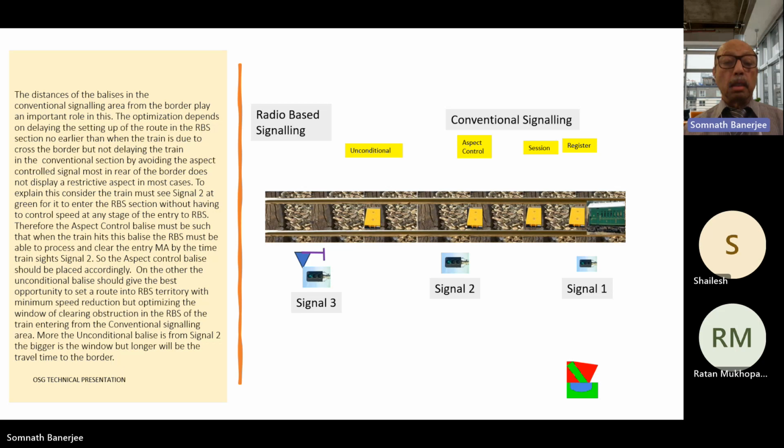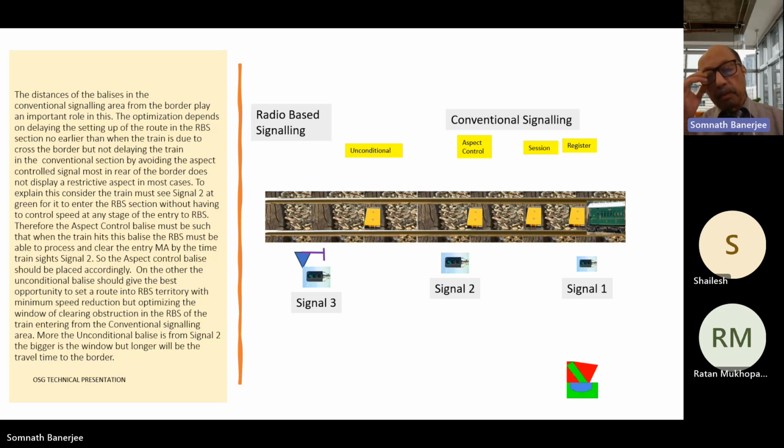When an unconditional route setting is undertaken, it can happen that it never happens even when the train has reached signal 3, and the train will then be brought to a stop by the conventional signaling system.